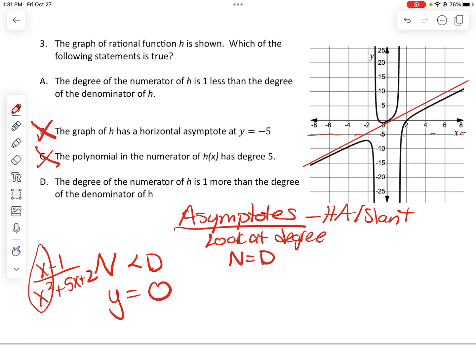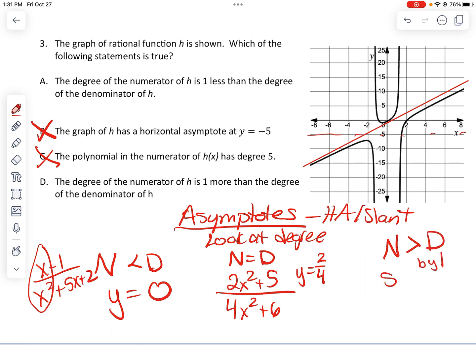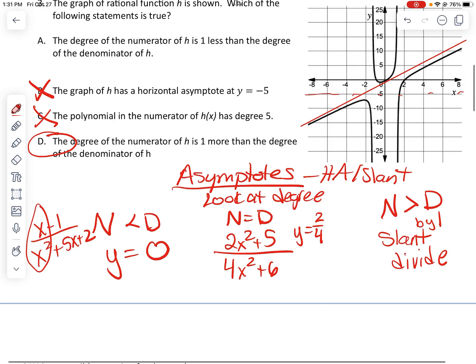If our degrees are equal, so for example, if it was 2x squared plus 5 over 4x squared plus 6, then it's at our leading coefficients, 2 over 4. And if our numerator degree is greater than the denominator by 1, there is a slant asymptote, and you have to do long division. So this one, the numerator degree is 1 more than the denominator.